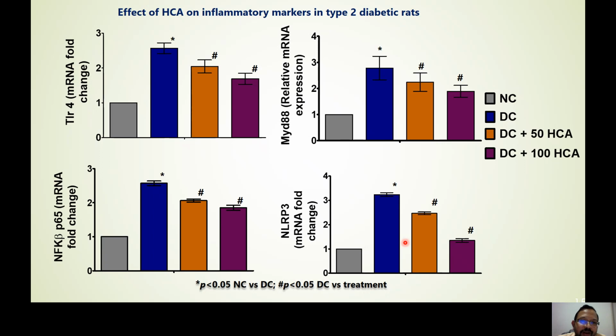Inflammatory markers like TLR4, MYD88, NFKB, and NLRP3 were also higher in diabetic rats, whereas in diabetic rats treated with 50 and 100 mg HCA, these inflammatory markers were significantly decreased.